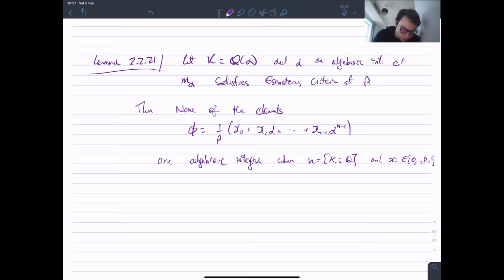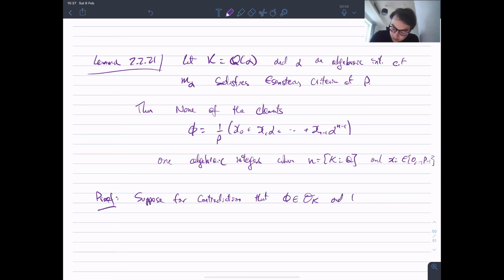Okay, so here's the proof. Suppose for contradiction that we have some phi in OK, and let x_d be the first non-zero coefficient.